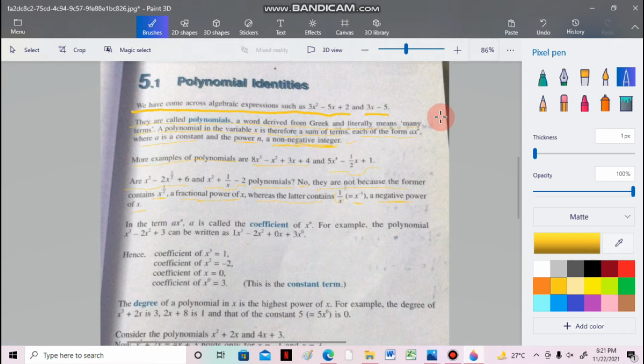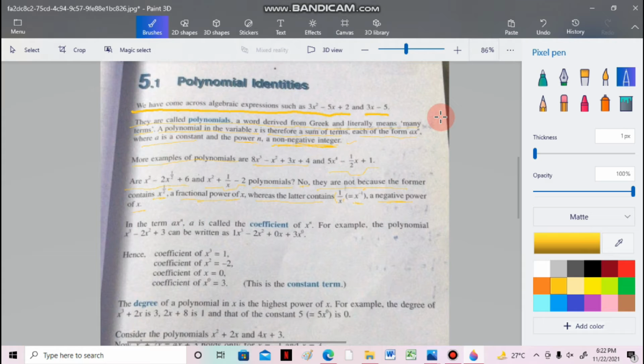So this is also not a polynomial, because, repeating again, we have already studied that the power of n in a polynomial will be a non-negative integer. So it will be non-negative and it will also be an integer. Over here 1/2 was not an integer because it was a fraction, and over here the power was minus 1, so it was negative. This is the reason why both of them are not counted as polynomials.